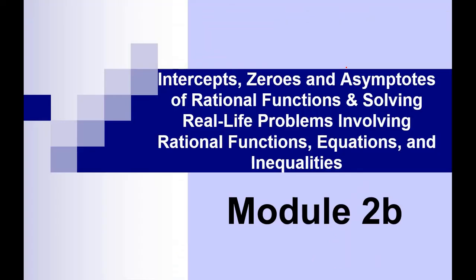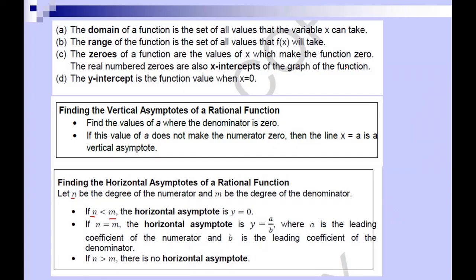Okay? For our intercepts, zeros, and asymptotes, this is it. The domain is the set of x the function can take, and the range is the set of values that f of x will take.